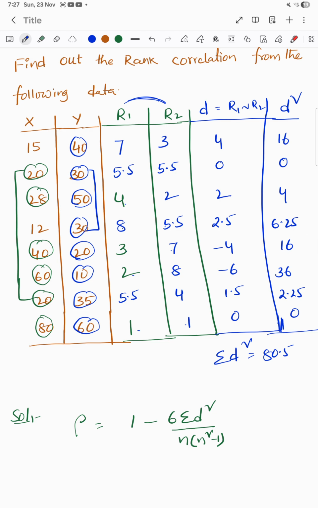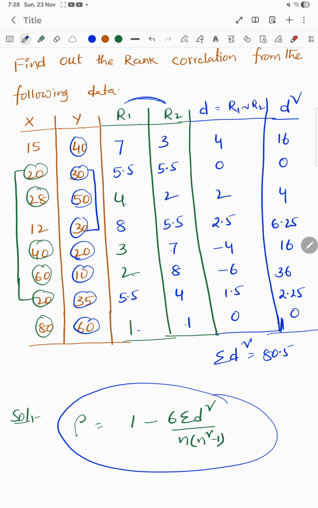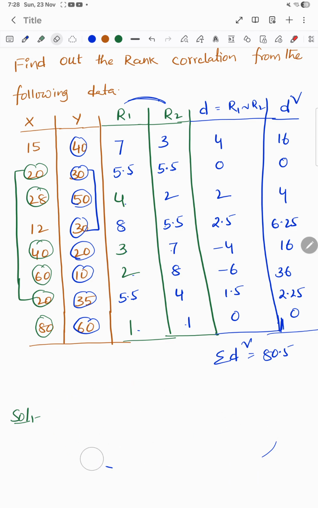Now, as I said earlier, the rank correlation is calculated by this formula. But if you observe the ranks, we have average ranks, or we can say we have repeated observations. Therefore, this formula will be changed.